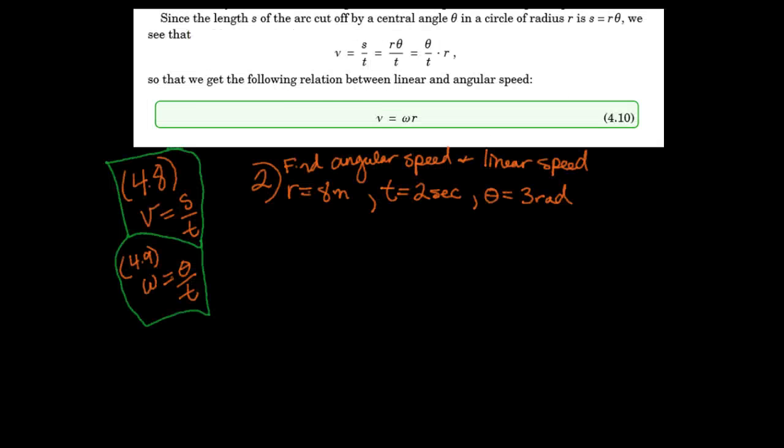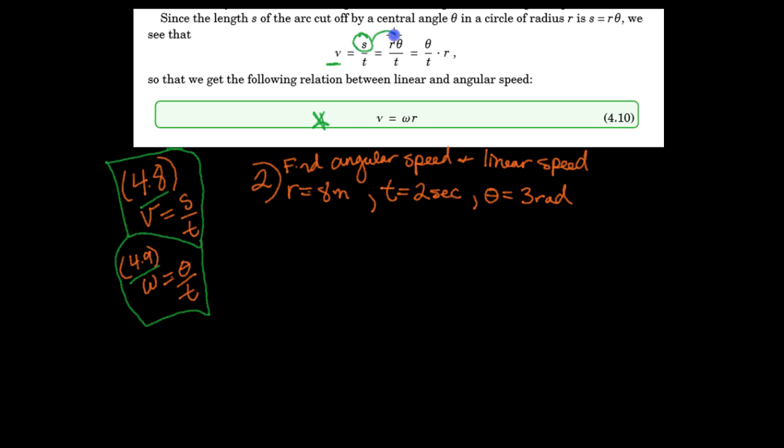So a modification of the two formulas that we were just looking at, and I wrote them right here, 4.8 and 4.9, is that the speed, linear speed, is equal to angular speed times the radius, and that is from up here because you know that velocity, I use velocity, linear speed is s over t.